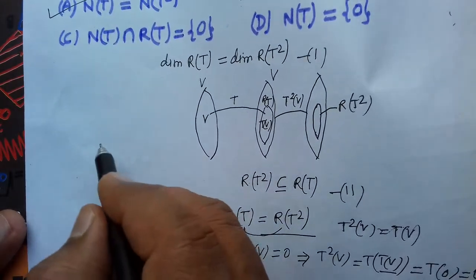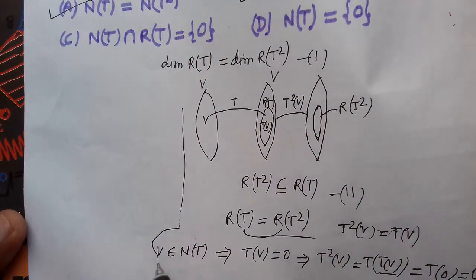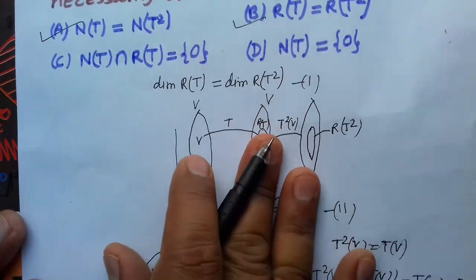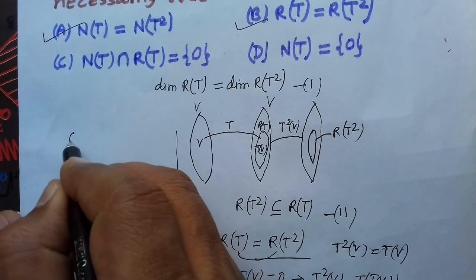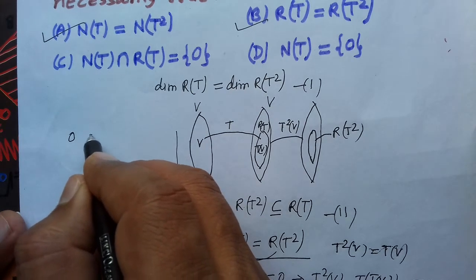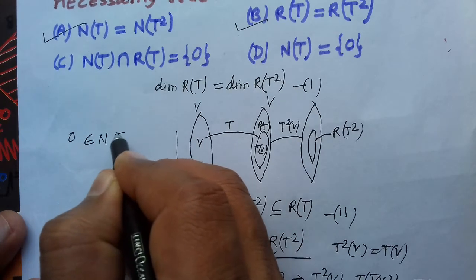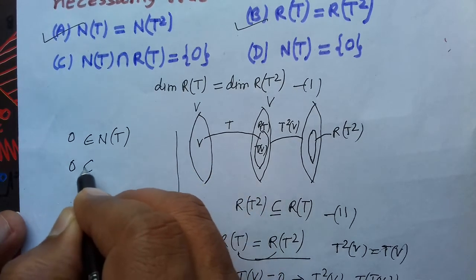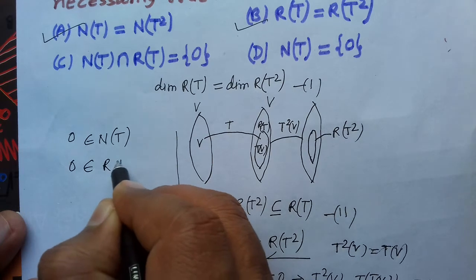Now let us see option C. We know that 0 is a member of all vector spaces. So 0 belongs to NT as well as 0 belongs to RT.